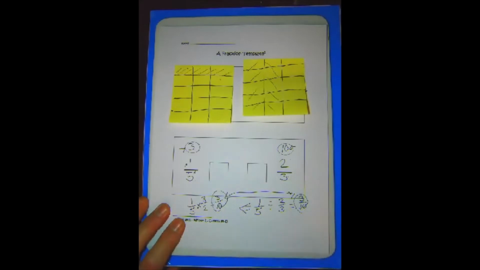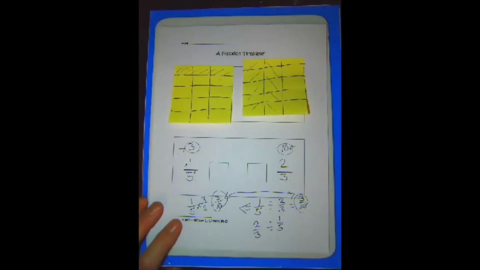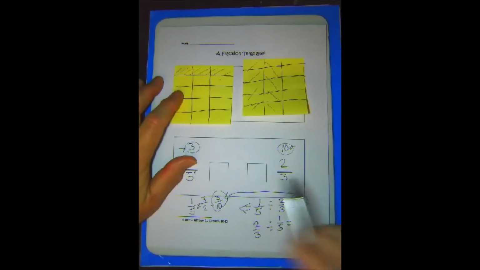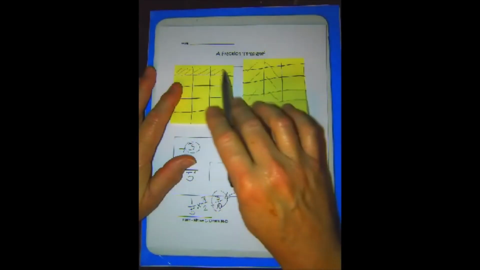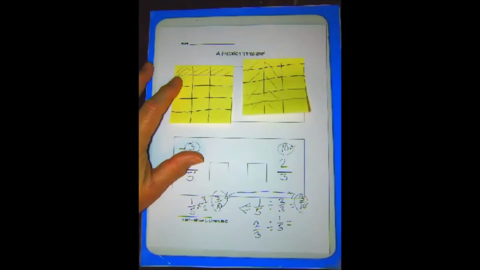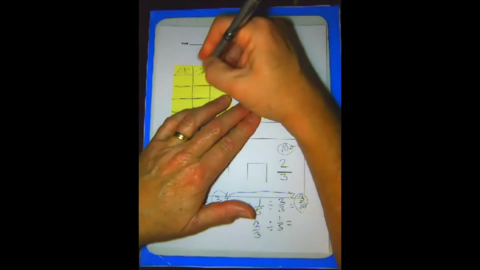Now, we could do another problem here. As long as we've represented these fractions, we might just as well, and that is, what is 2/3 divided by 1/5? This is a little bit trickier, because what it is asking is saying, of these 3 parts, how many times can we fit them into 10? Well, let's number them. We have 1, 2, we have 3 over here.